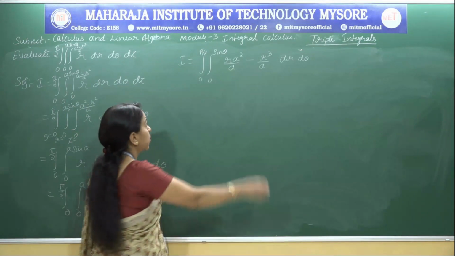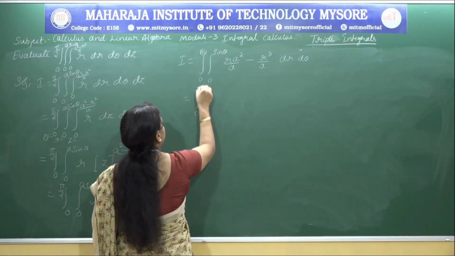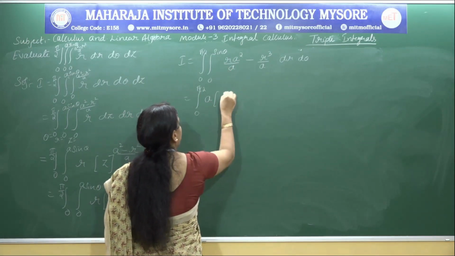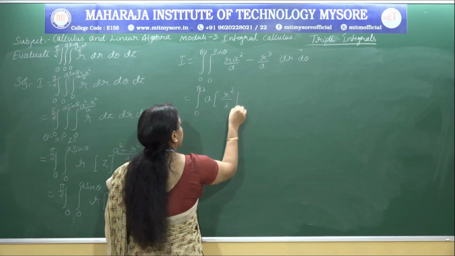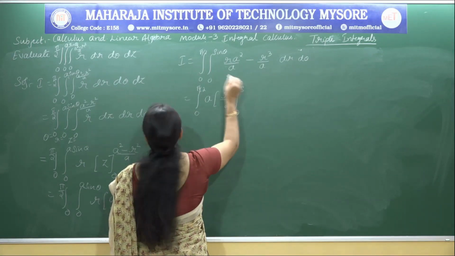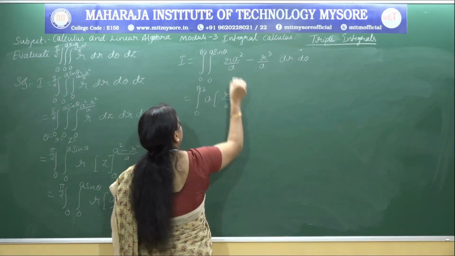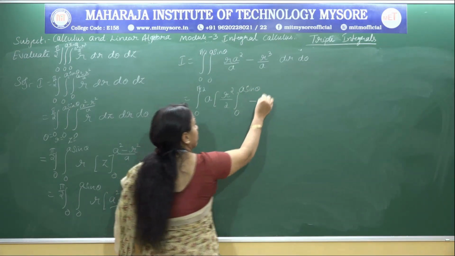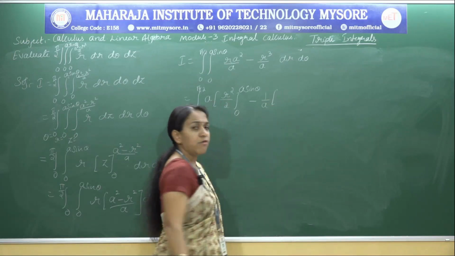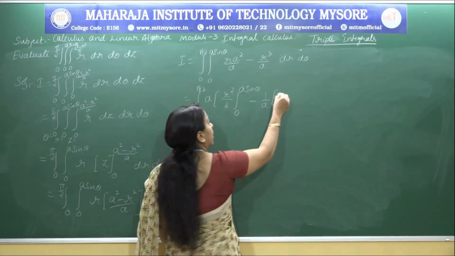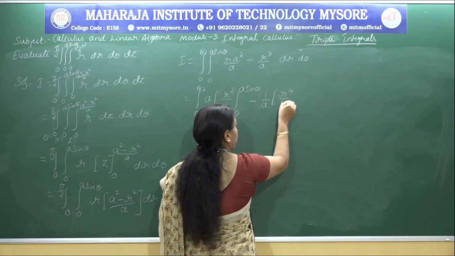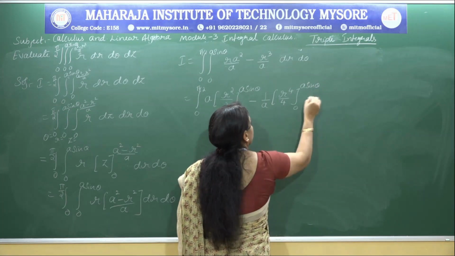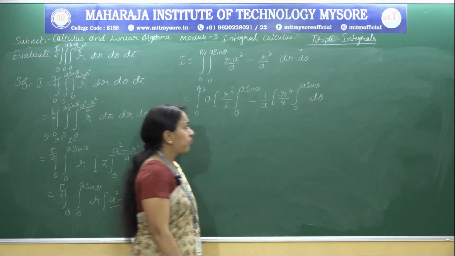So now integrate with respect to r, that is integral 0 to pi by 2, a square by a is nothing but a, the integral of r is r square by 2 between the limits 0 to a sin theta, minus 1 by a constant, the integral of r cube is r to the power of 4 by 4 between the limits 0 to a sin theta, d theta.